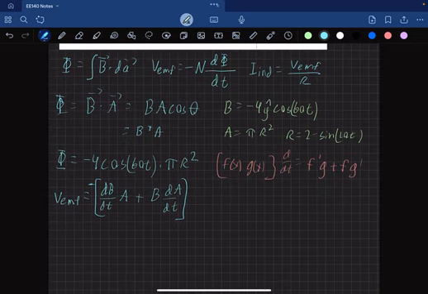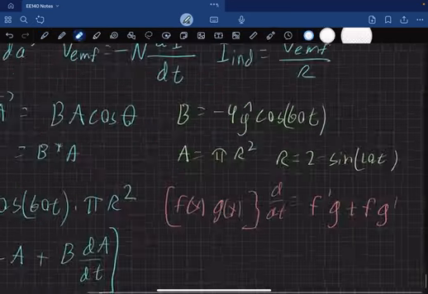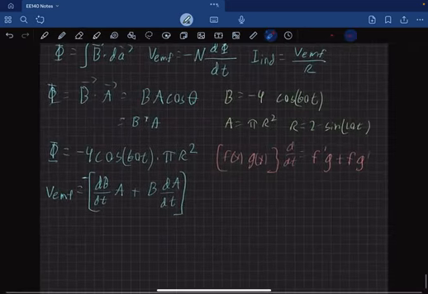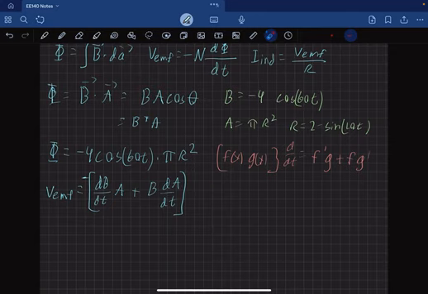First, our A and B are given. So first we want to find dB/dt. Now what is dB/dt? That's the derivative of -4 cosine 60t. dB/dt is equal to, the derivative of cosine is negative sine, so the signs will cancel.